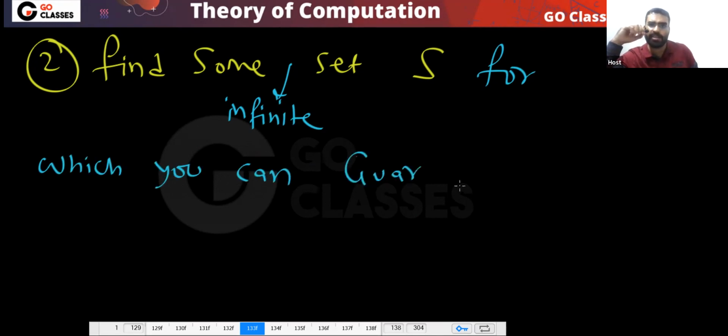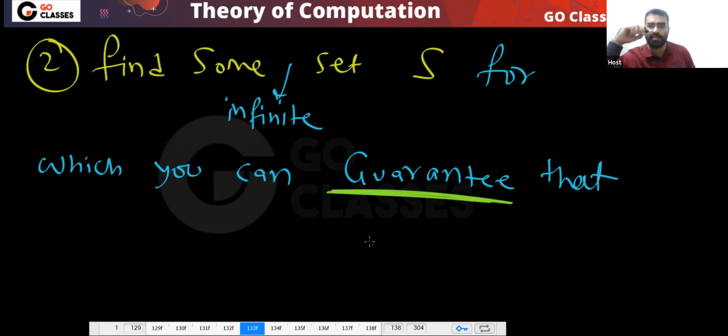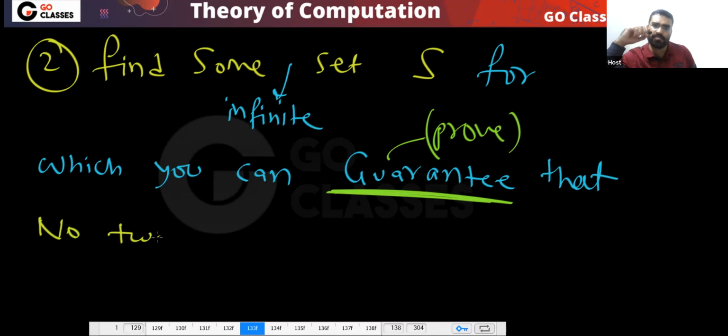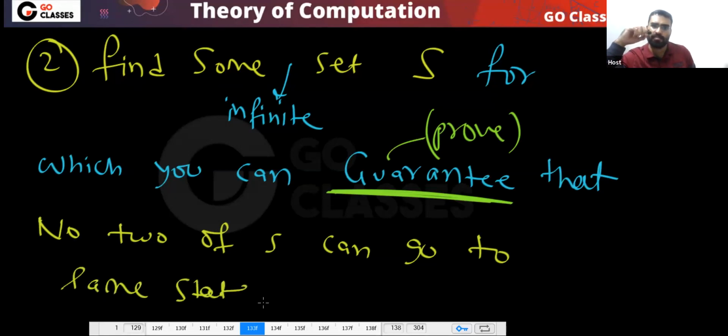For which you can guarantee, or I can say for which you can prove, that no two strings of S can go to the same state. Correct? Such that no two of S can go to the same state.